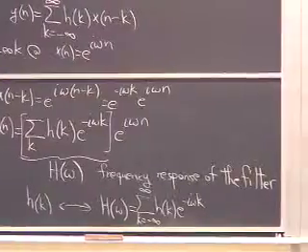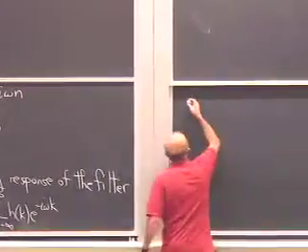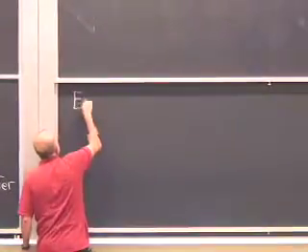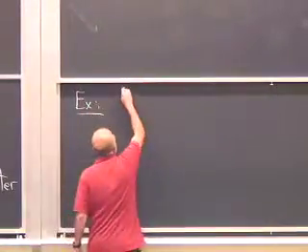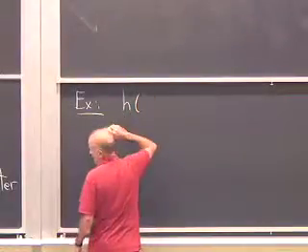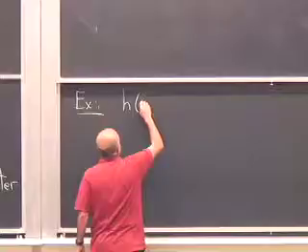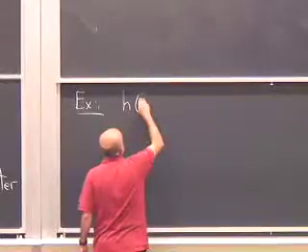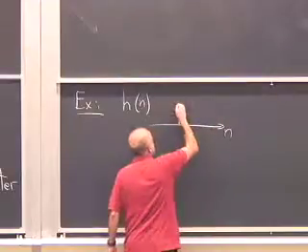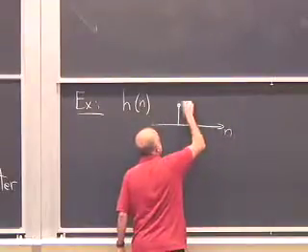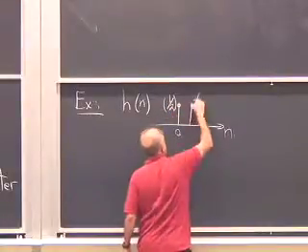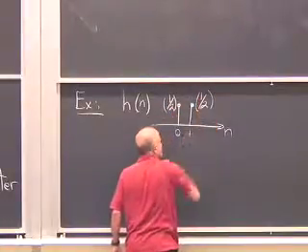All right, so let's start with an example. A system has impulse response h of n, which is 2 spikes: 1/2 at 0 and 1/2 at 1.